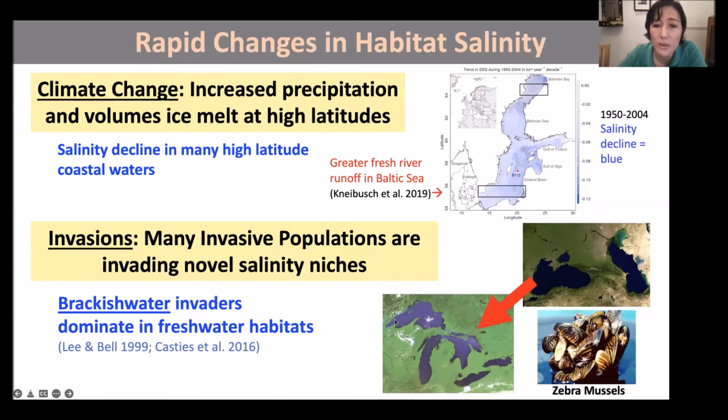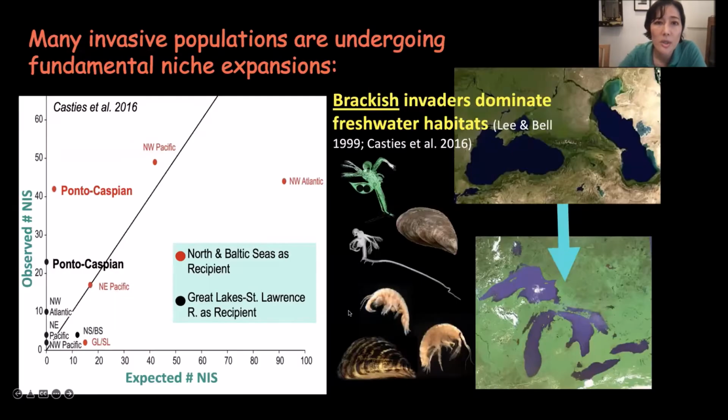In addition to those factors, many populations are experiencing dramatic changes in salinity. For instance, if you look at invasive species, freshwater habitats are now dominated by species from brackish water environments. For example, the Great Lakes of North America are now dominated by brackish water species from the Black and Caspian Sea region, for example zebra mussels, quagga mussels, Cercopagis.